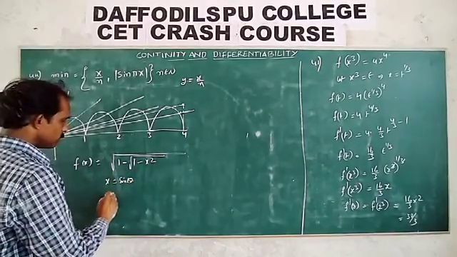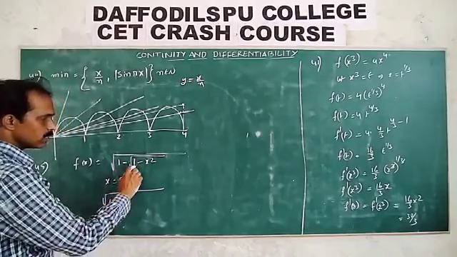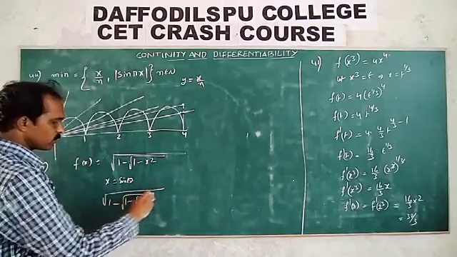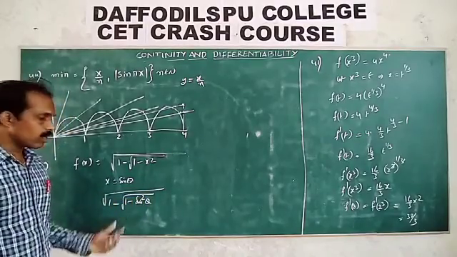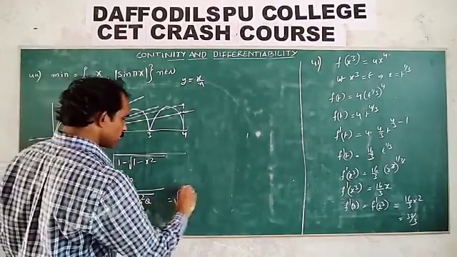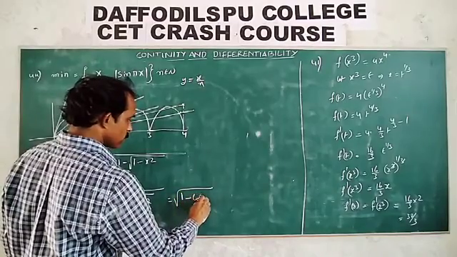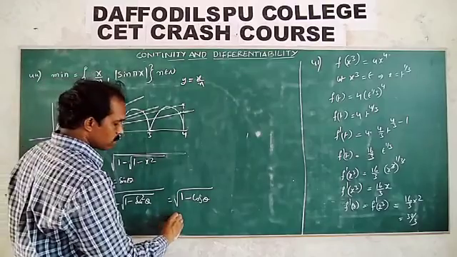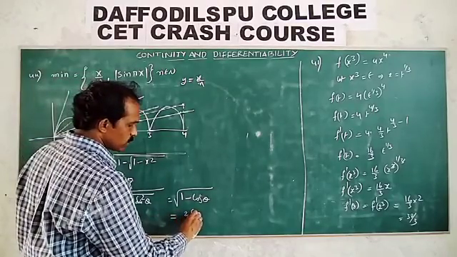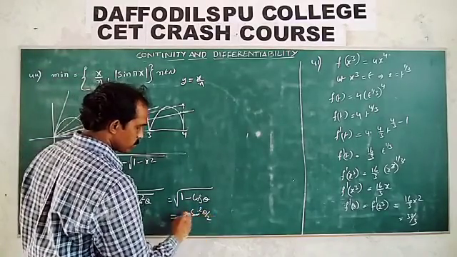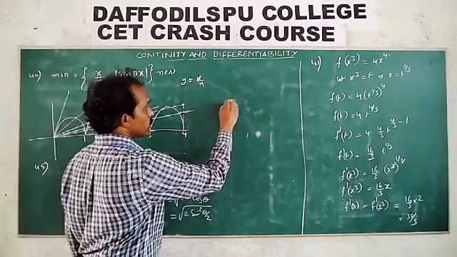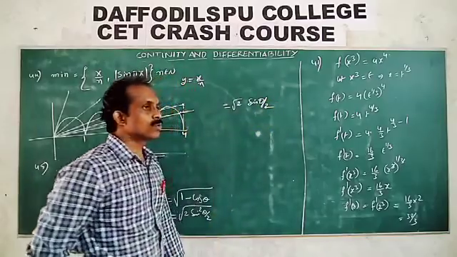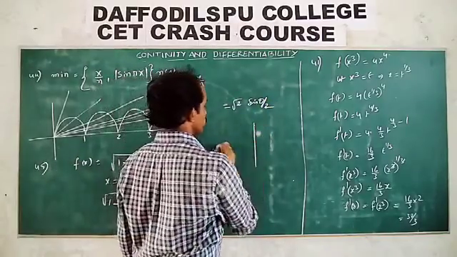It is the root of 1 minus sin square theta. 1 minus sin square theta is equal to cos square theta, the root cancels, that implies root of 1 minus cos theta. 1 minus cos theta is equal to 2 sin square theta by 2. Root of 2 sin square theta by 2 is equal to root 2 sin theta by 2.